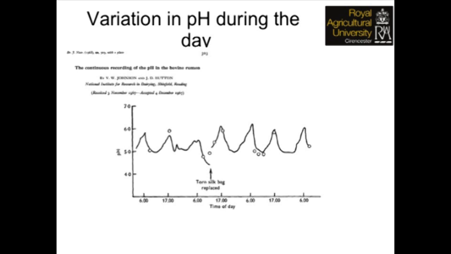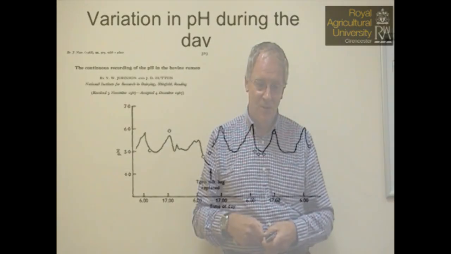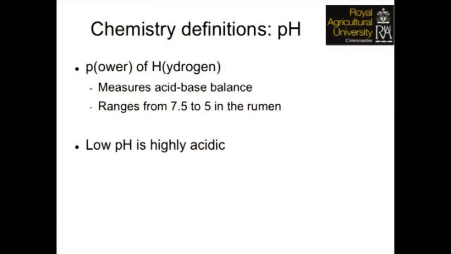Now, of course, in those days they didn't have the transistorization or radios that we have now, but our profiles are very much the same. And as you can see, the pH varies from about 6 down to about 5, and that's consistent with what we would expect in the ventral sac even today, although in my view that is a little on the low side, but we'll come on to the reason as to why that might be in a minute.